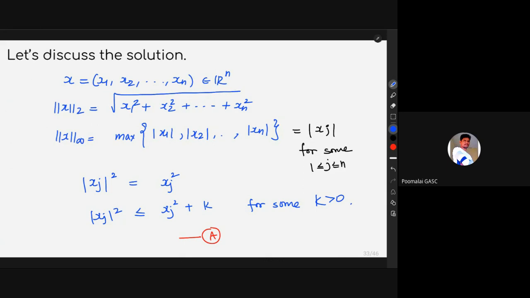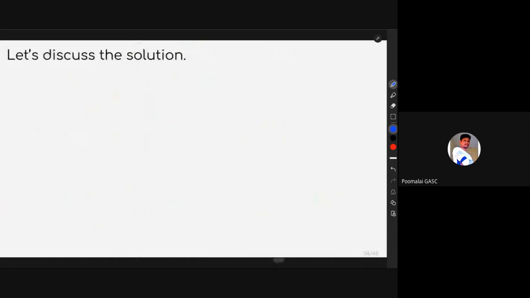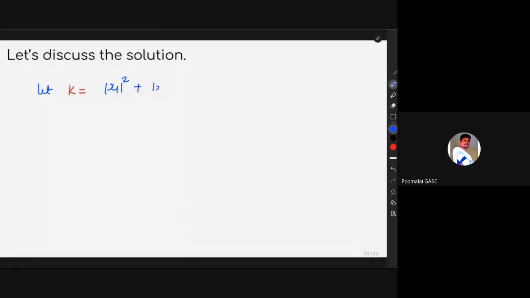So let's take this k to be the summation of x1 square, x2 square, or a better way to write it is xi square, i varying from 1 to n, and i not equal to j.